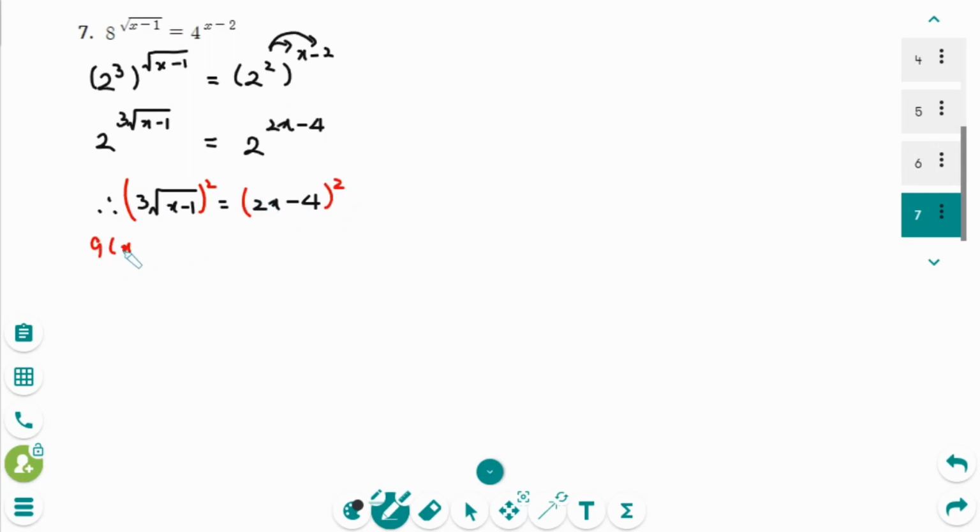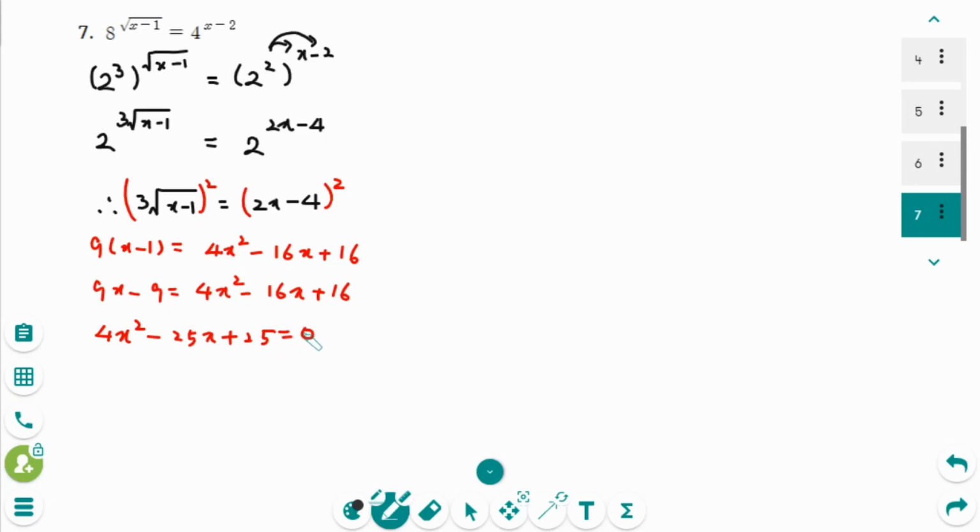9 times x minus 1 equals 4x squared minus 16x plus 16. Then 9x minus 9 equals 4x squared minus 16x plus 16. Move 9x minus 9 to the right. So 4x squared minus 25x plus 25 equals 0. Then we can factor.